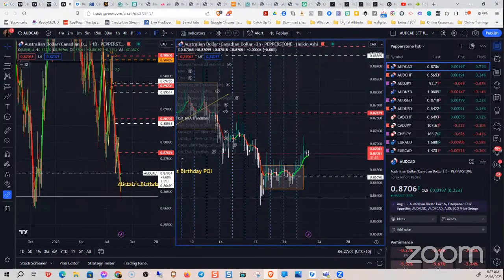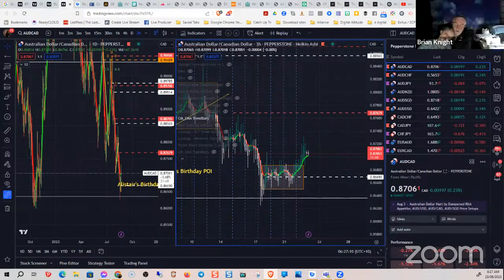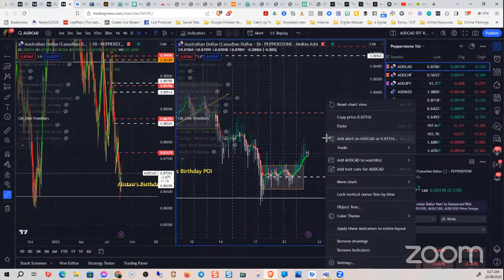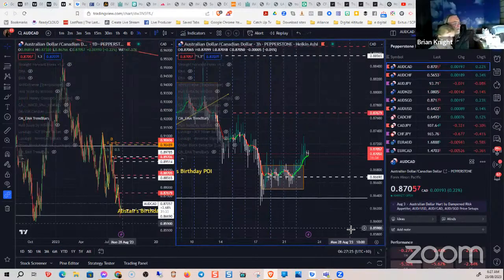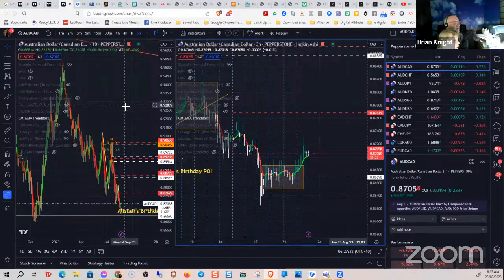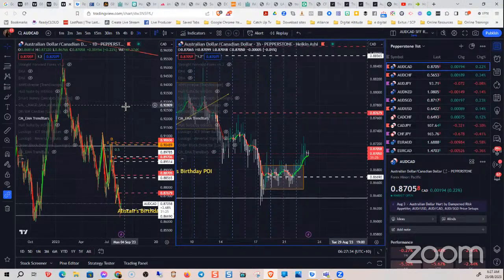Oh, so on this pair on the daily, if you were to look at this with the settings you have on the right... Oh yeah, the settings on the left. Yeah, I'll change it. Hang on a minute. All you've got to do is right click over here and do change all to, apply these indicators to entire layout. Yeah. No. Yeah, didn't do it. You got to open it up.